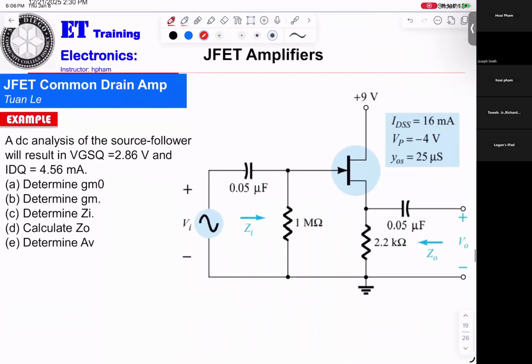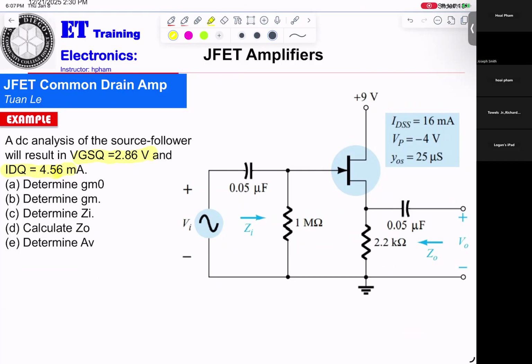Now, this one. When I'm looking into that, I know that it will be a common drain. And they gave you VGSQ and IDQ.